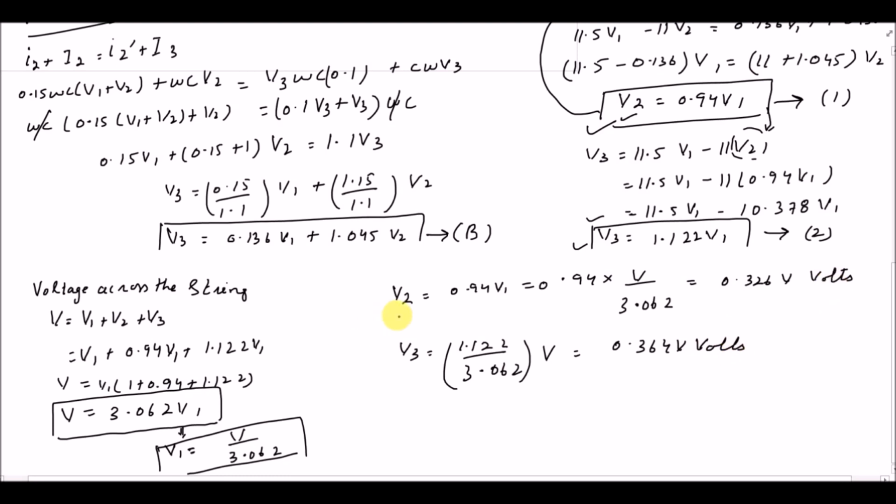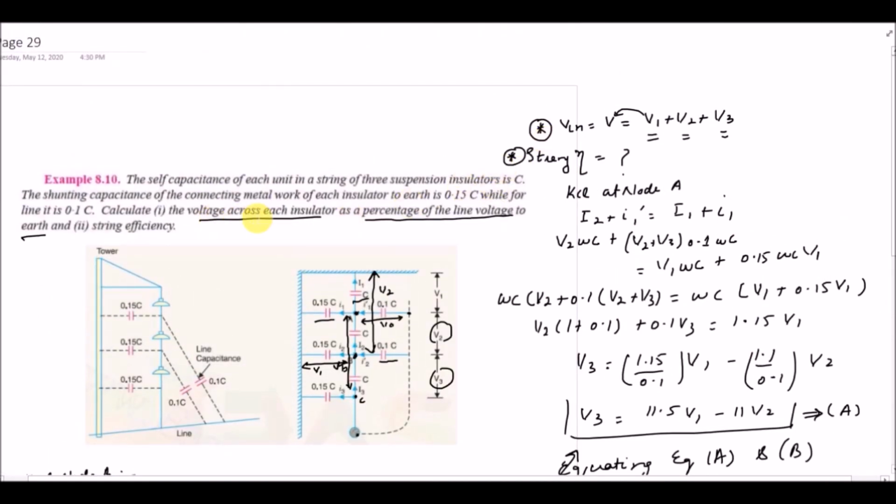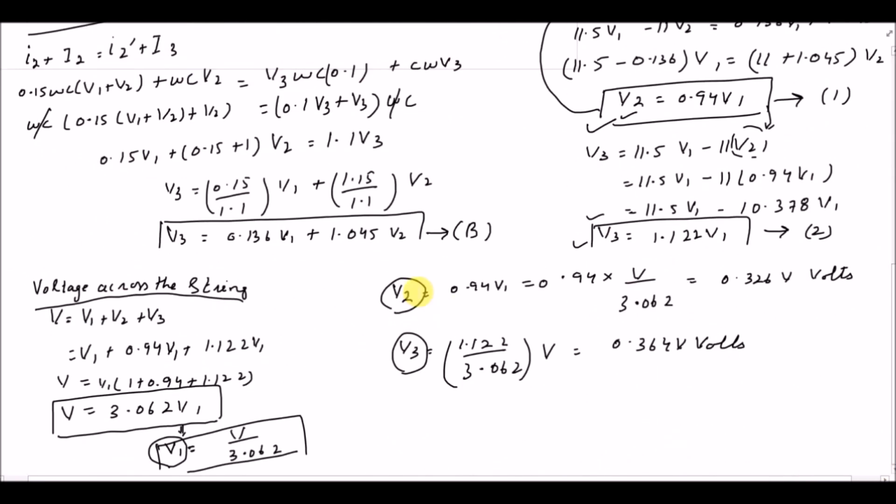So now what we have is voltages V2, V3 and V1 in terms of voltage across the string. And from the question we know that we have to find the voltage across each insulator, which is V1, V2 and V3 as a percentage of the line voltage to earth, right? So now we just have to find the percentage values, right?